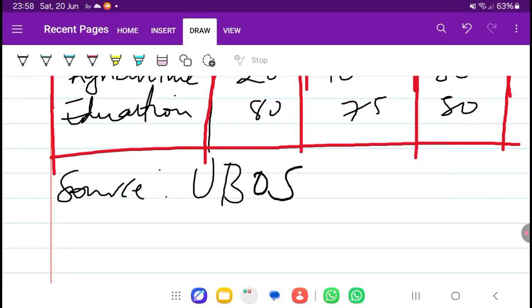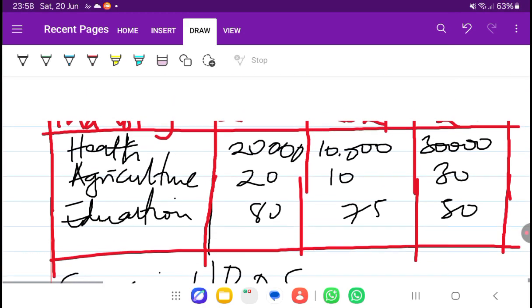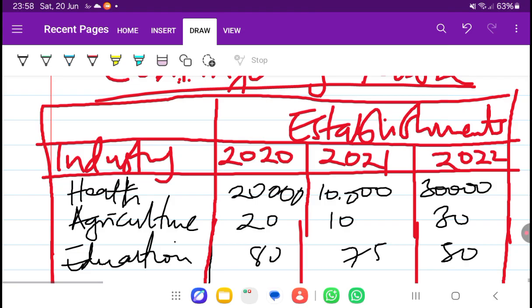So this can be what we call a contingency table. So that can be the contingency table for the qualitative data.